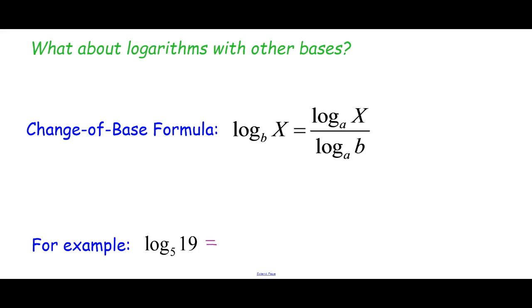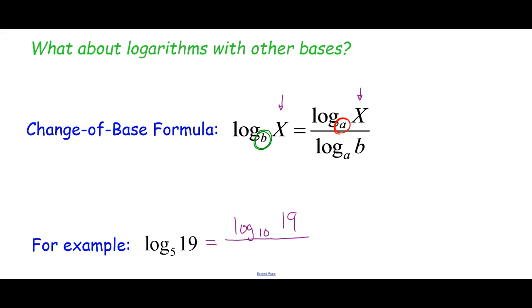I would like the base to go from being one number to being a new different number. Currently it's base 5. I'd like it to be base 10. So, looks like what I do is I write the logarithm with the new base up there. So see where that a was? Now that's the new base. The 19, that's the x here. So that doesn't change. It's still logarithm of 19.